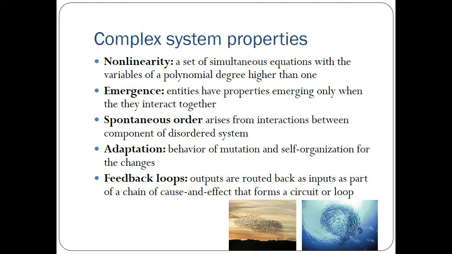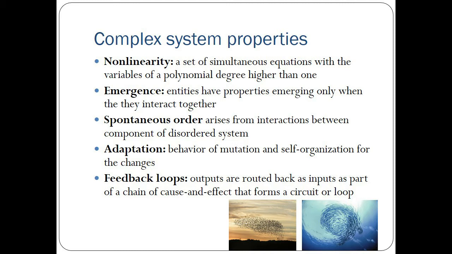For example, in these figures you can see birds flying and forming some pattern, and when fish are swimming, they form various patterns. Fish form patterns and birds form patterns when they are together, and this is what emergence means: a property that emerges from interacting together.